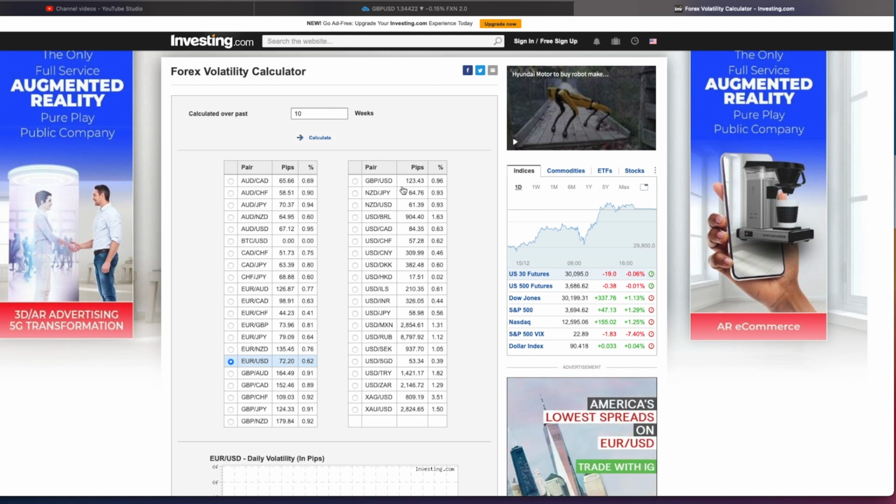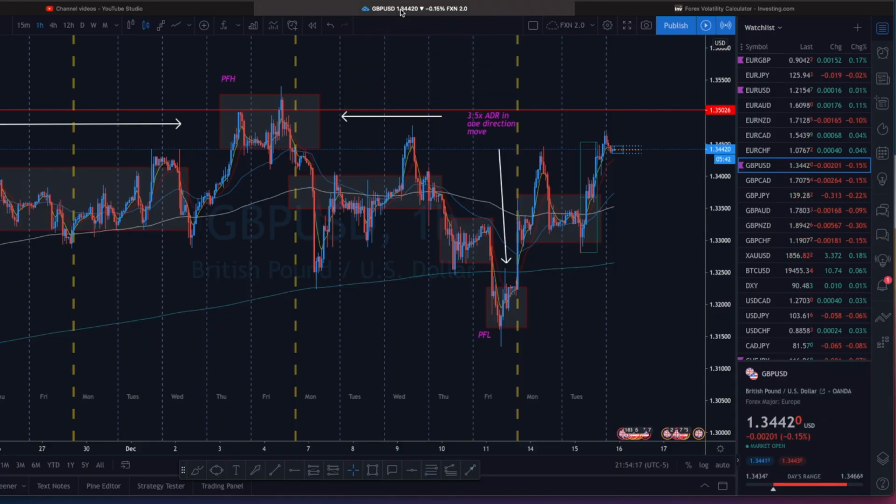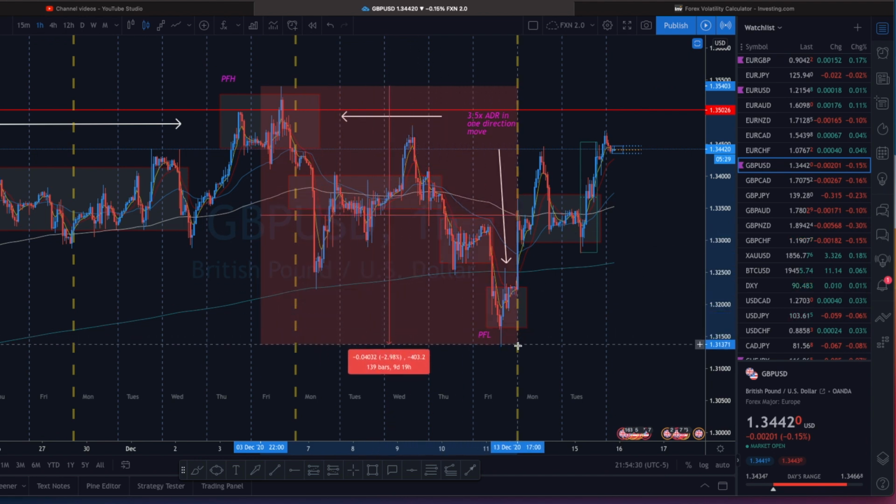So over the last 10 weeks, it's about 123 pips. Okay. So times 3, which is 3 times typically is what we normally see in one movement in one direction before price reverses. If we actually go ahead and we draw from the top to the bottom here, it's actually 407 pips, right?